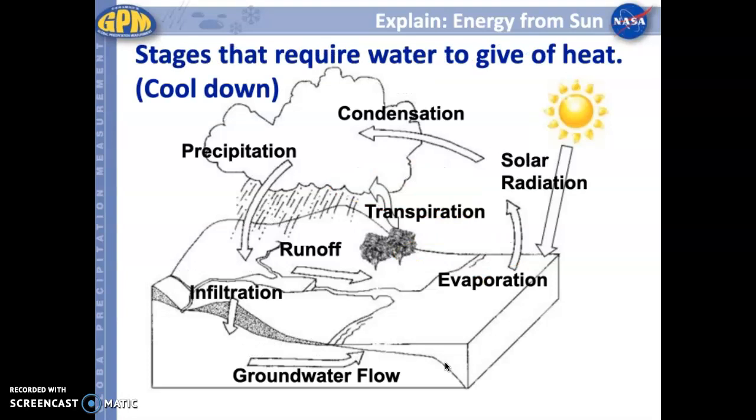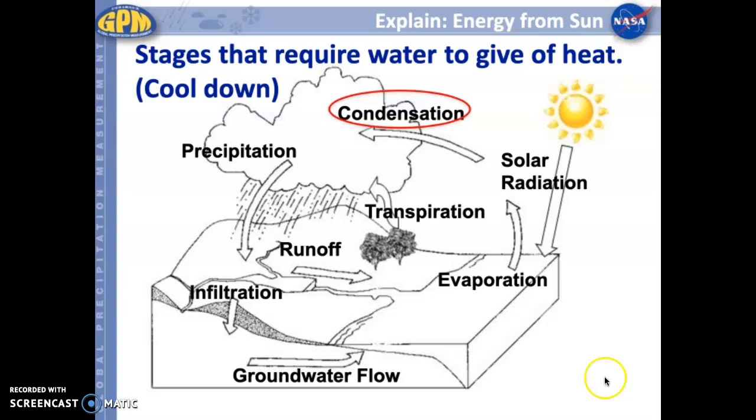Which stages of the water cycle require water to give off heat? That would mean that it would cool down. Go ahead again and pause here, see if you can identify this stage. The stage that requires water to cool down is condensation.